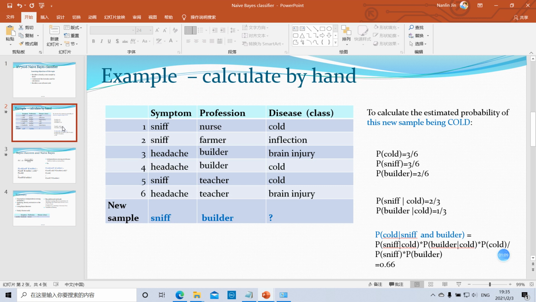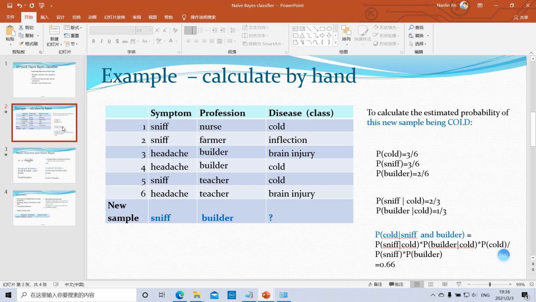At the beginning, we look at the table. We have 6 records here, which is historical data. The first column is a symptom. It's one feature, which has sniff and headache as two values.